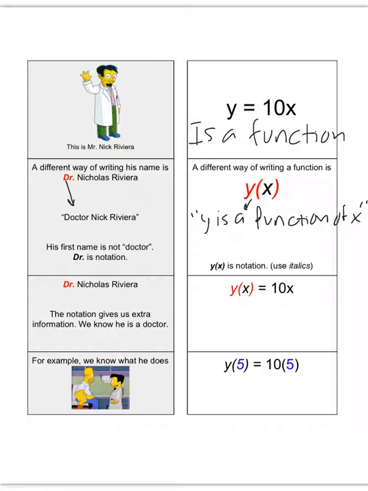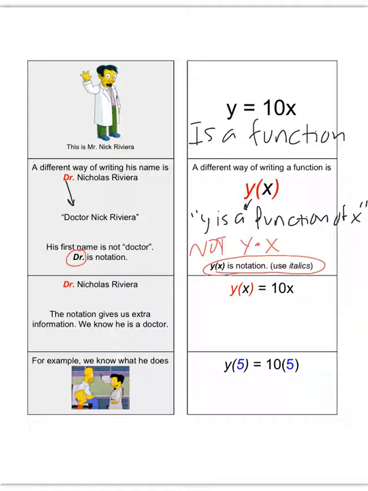That's what that means. And be very clear, this is not y times x. Even though you see the parentheses, this is not multiplication. This is notation, just like DR is notation.